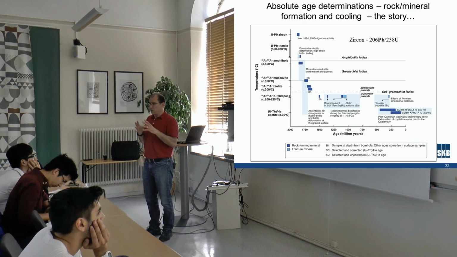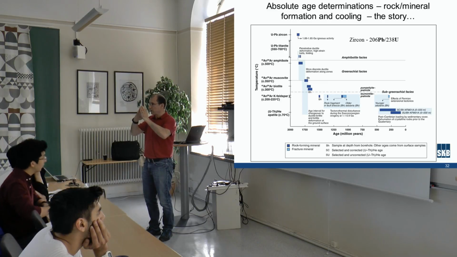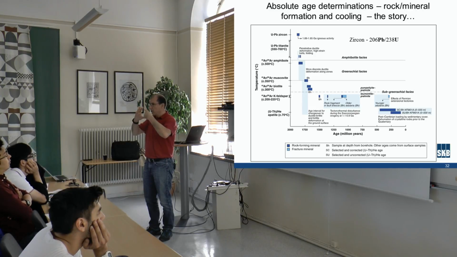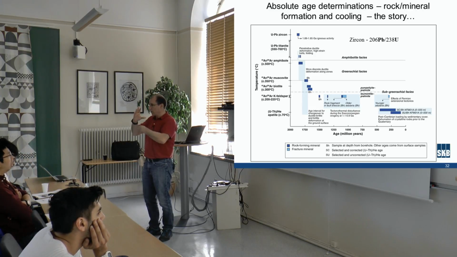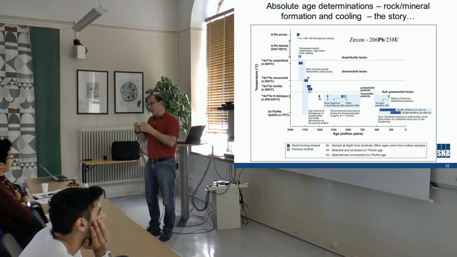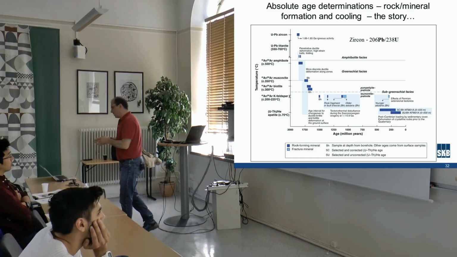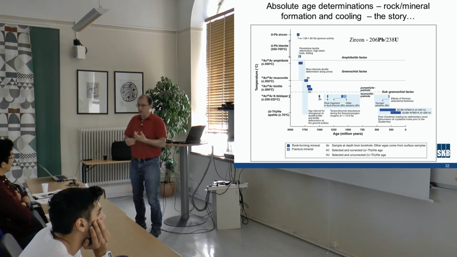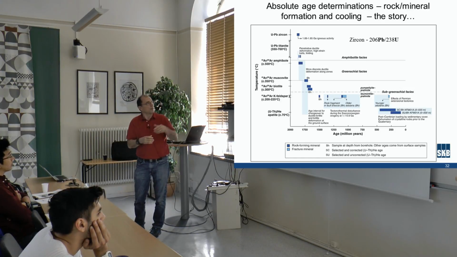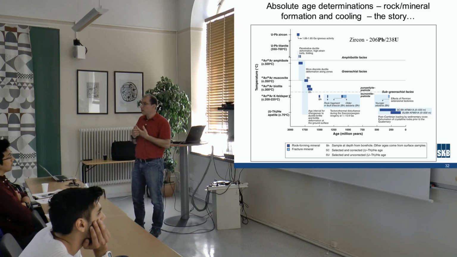So when the zircon was formed, from melt to when it crystallized, uranium was trapped in the zircon. And then a half-life decay started, of course. By taking out the zircons today and looking at the proportion of uranium and lead, lead-206, then we can tell how old it is.